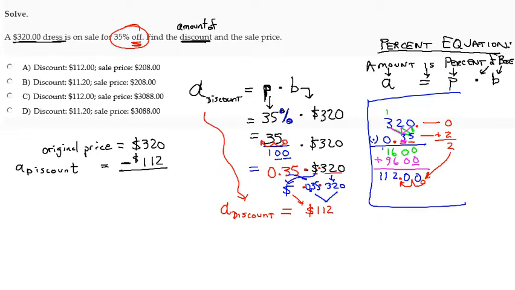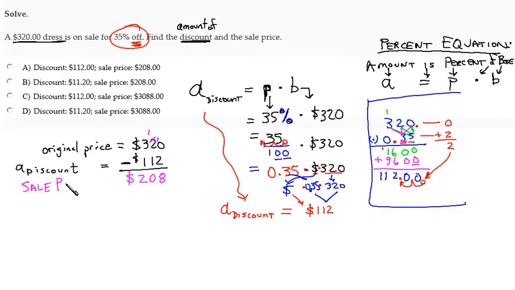So now we're going to perform straight subtraction. 0 minus 2, I can't do that. We've got to borrow from this 2, a 10. 10 minus 2 is 8. 1 minus 1 is 0, and 3 minus 1 is 2. Dollars minus dollars remains dollars. This number is what we would call the sale price.